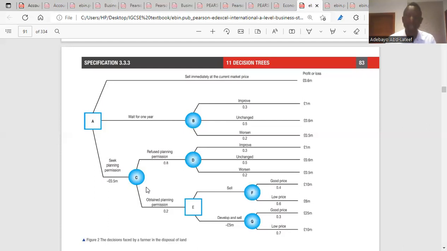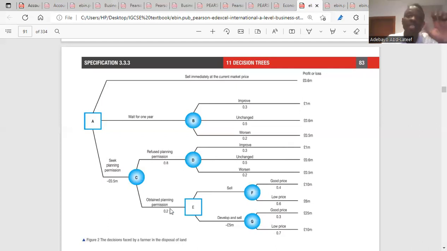If he refuses to pay for the planning permission, he will have to pay 800,000 pounds. In that situation, he would sell for 1 million with probability 0.3. If it doesn't change, it will sell at 0.6, and in the worst scenario, it will sell at 0.5.